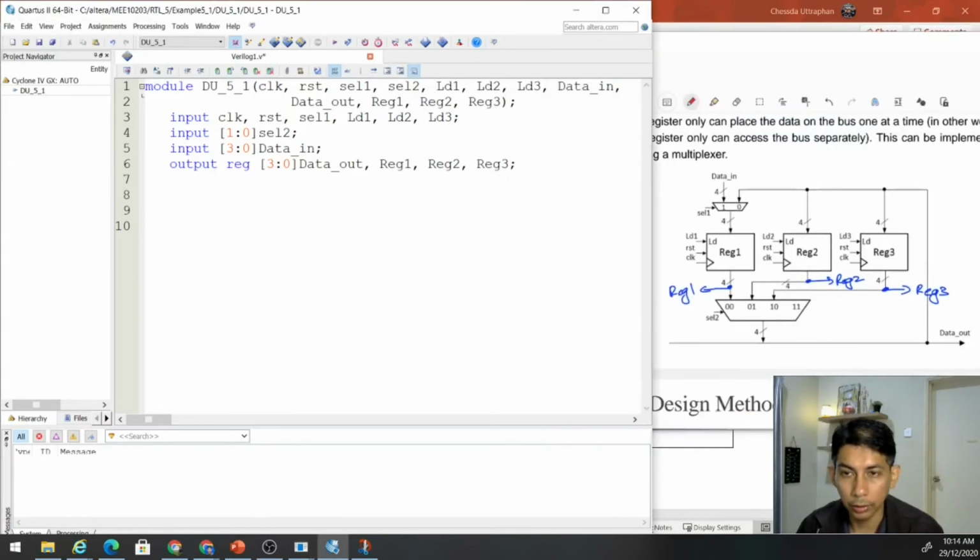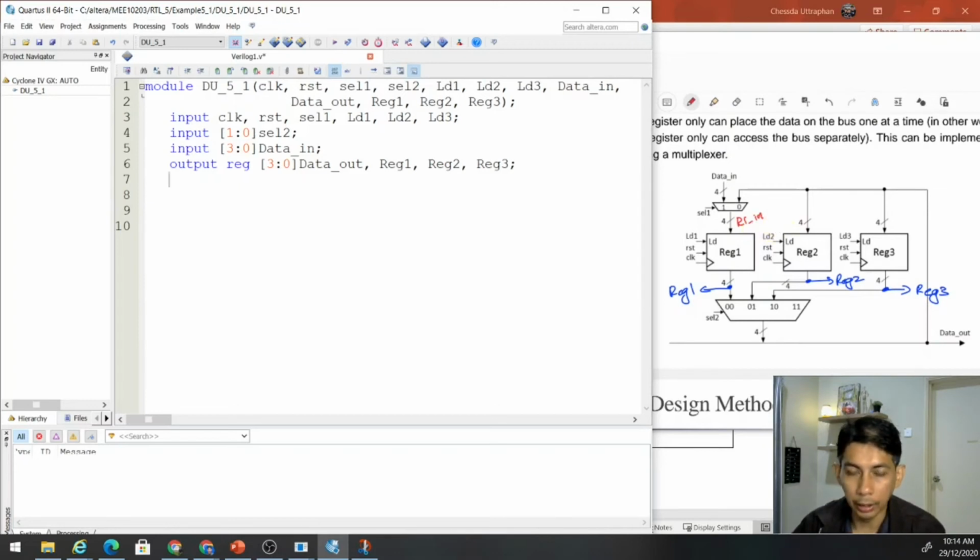For this we need a signal name, a wire name. So we label this, maybe we call it R1 in.